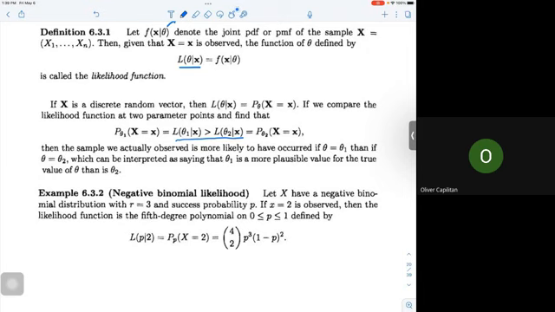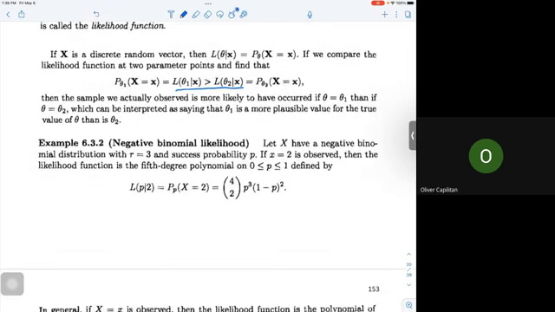So let's have an example to fit this definition. We have the negative binomial likelihood. We let x have a negative binomial distribution with r equal to 3 and success probability p.